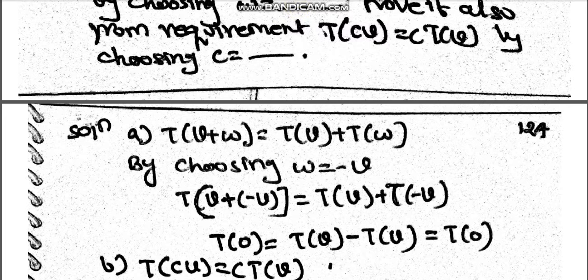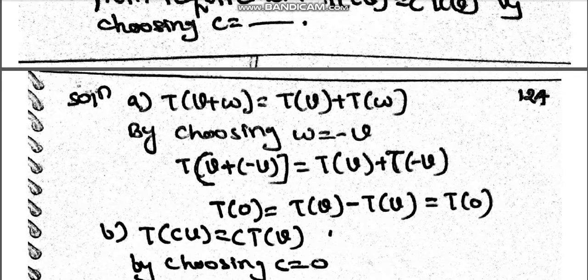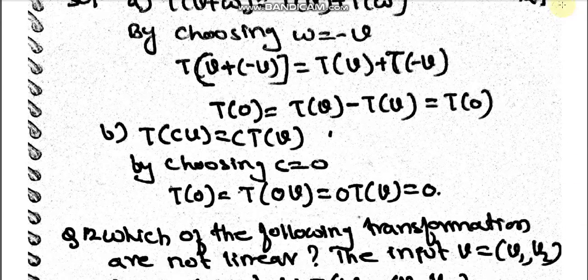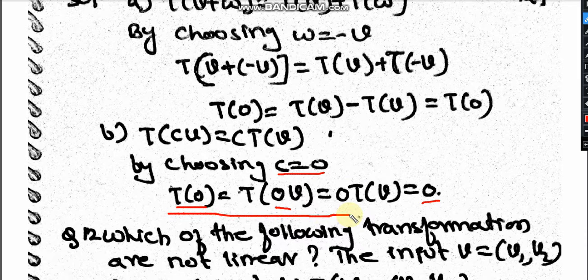It should be minus V. Then only you can get the transformation of 0 as 0. And for the constant, if you choose C equals 0, then only will you get P of 0 equals 0. If you take C other than 0, you won't be able to prove this equation, right?